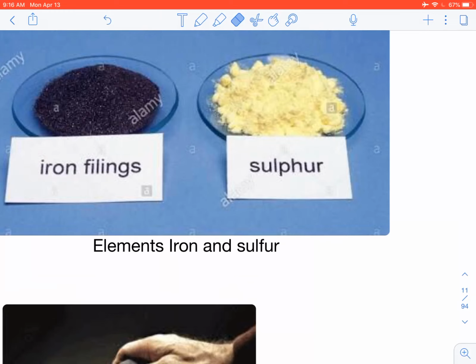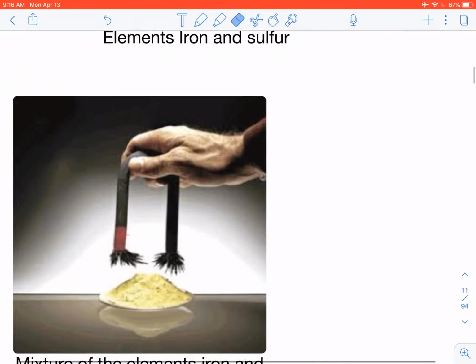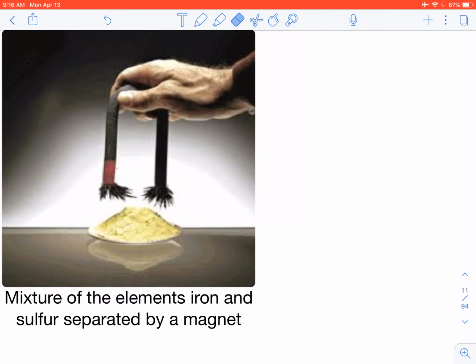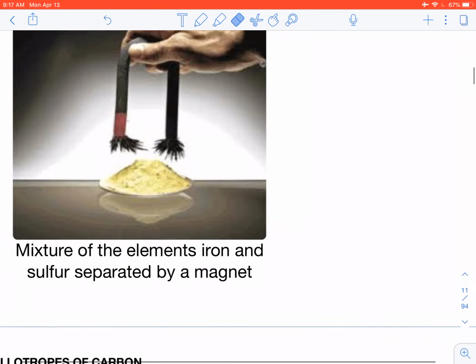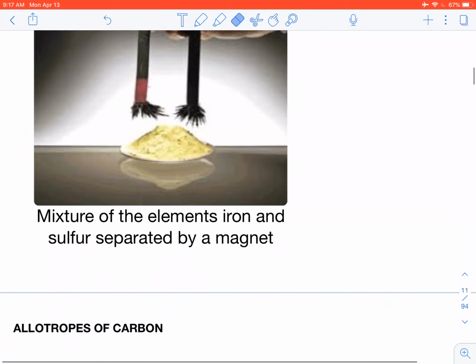Iron we know is a metallic solid, and sulfur we know is a molecular solid, it's a non-metal. And when the two are mixed here, we find that the sulfur and the iron filings retain their properties. And when you have a magnet there, it still pulls out the iron filings from that mixture.